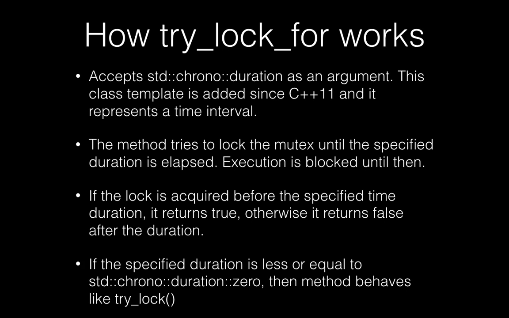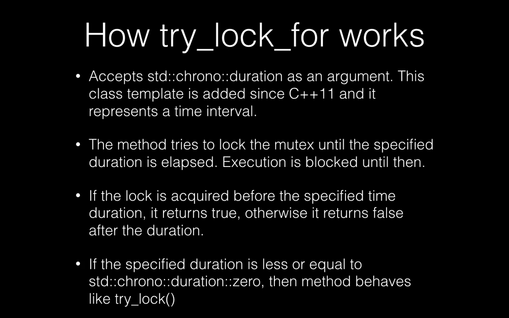It accepts std::chrono::duration as an argument. This is another template class added since C++11 and it represents a time interval. The method try lock for on a timed mutex tries to lock the mutex until the specified duration has elapsed, and the execution is blocked until then.